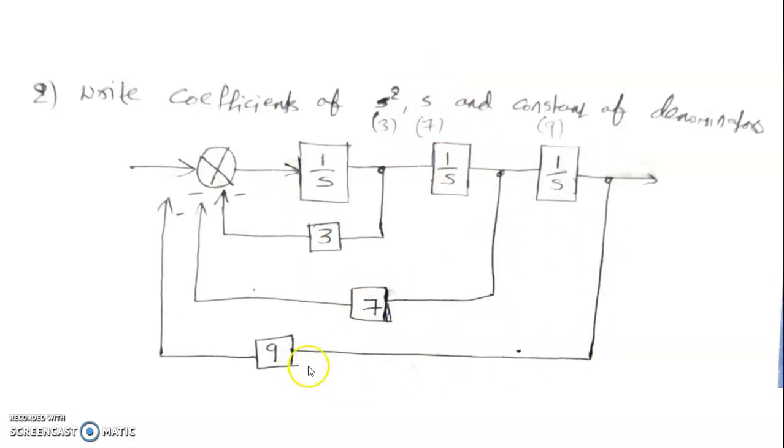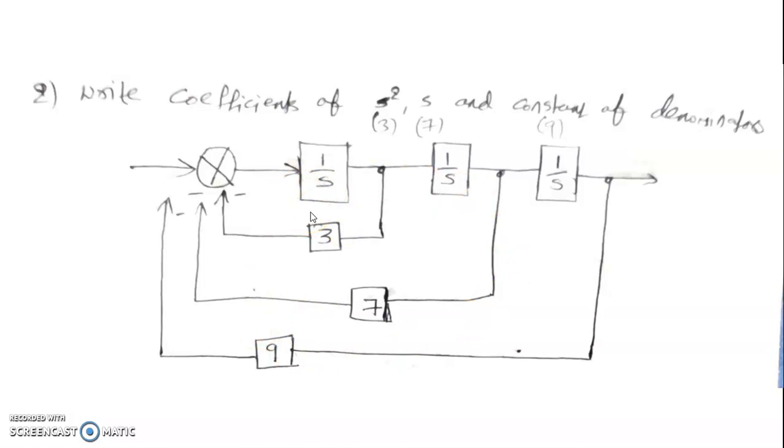If you simplify this, you will get 1 by (s³ + 3s² + 7s + 9). So first of all, you identify the denominator polynomial and see how many integrations you require. Then you keep the s² coefficient here, the s coefficient here, and the constant coefficient here. If you simplify it, you get 1 by (s³ + 3s² + 7s + 9).